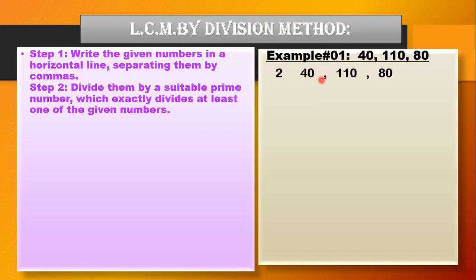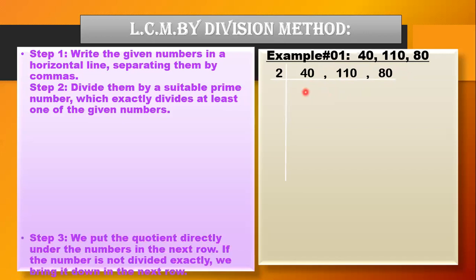Okay, so now look here, all these numbers are even and can be divisible by 2. So 2 20 times is 40, 2 55 times is 110, and 2 40 times is 80.